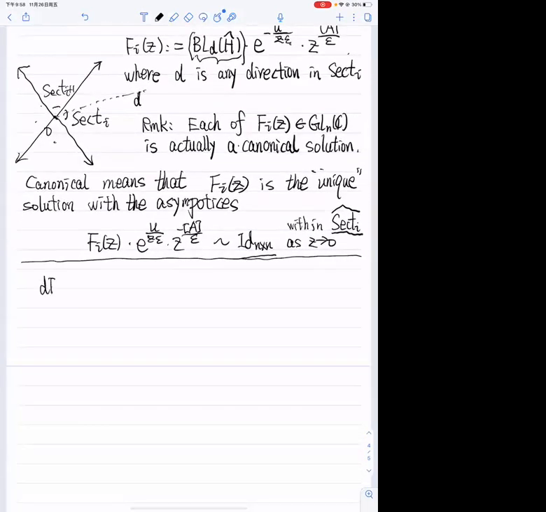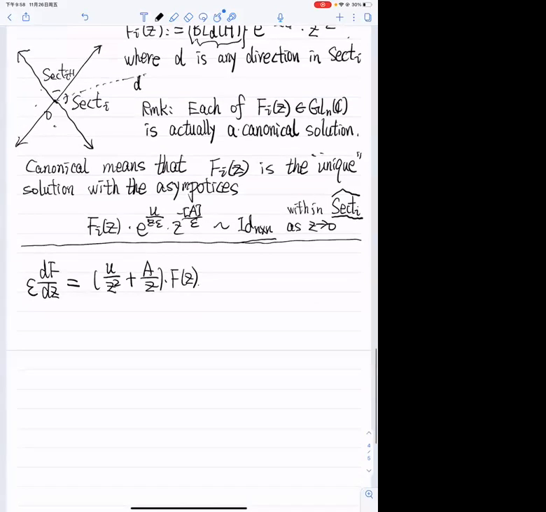At this moment, recall that we are studying a simple linear system with a pole of order 2 at z equal to 0. Given an initial condition, which means given a prescribed asymptotics at z equals 0, we show that the solution exists.